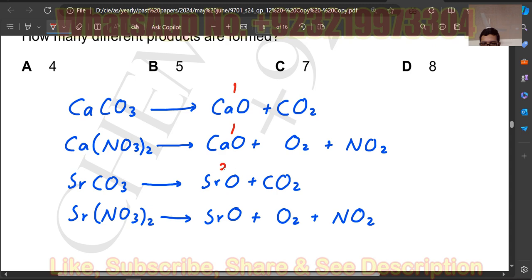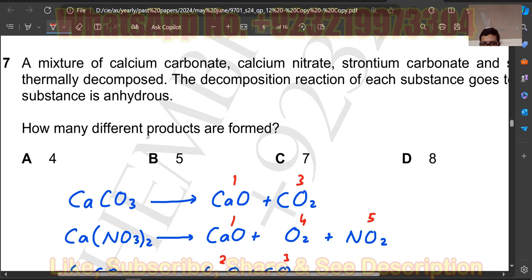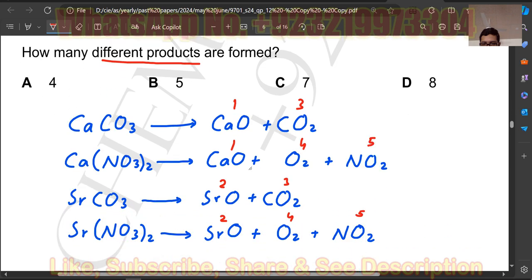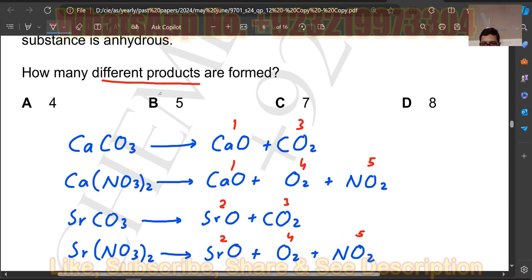Strontium oxide, there are two strontium oxides. Then carbon dioxide, there are two carbon dioxides, oxygen there are four, and nitrogen dioxide there are five. The question was about how many different products are formed. So there are five different products formed here. So that's why the correct option is B.